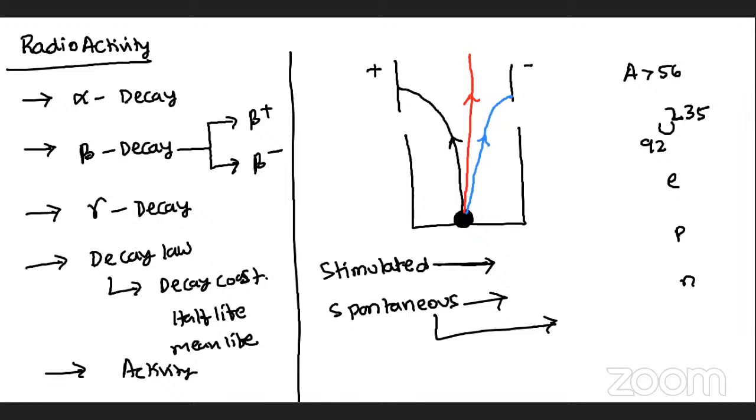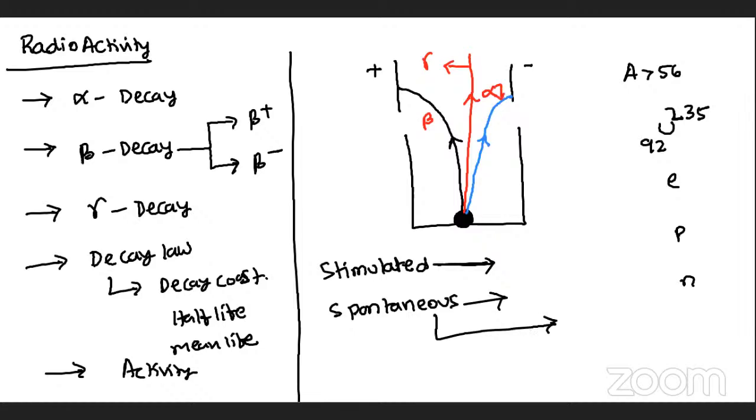The radiation deflected towards the negative plate can be called alpha decay, which is deflected towards the positive plate can be called beta decay, and which is undeflected can be called gamma decay.